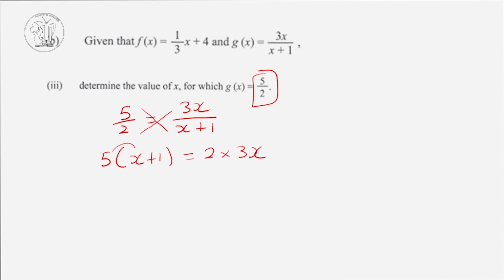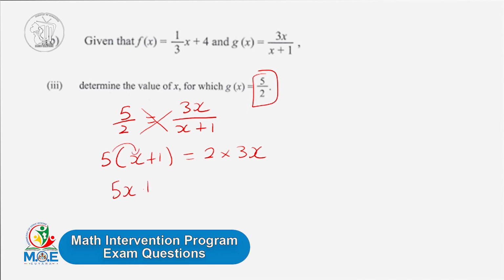So 5 multiplied by everything in the bracket: 5 times x gives 5x, and 5 times 1 gives 5, and that is equal to 2 times 3x, which gives 6x. And now we solve for x. We take the 5x over to the 6x side.